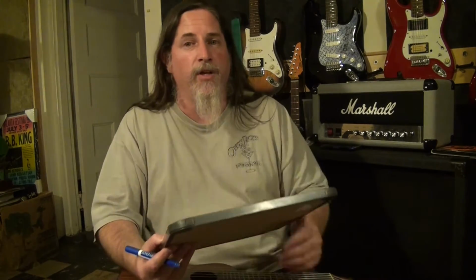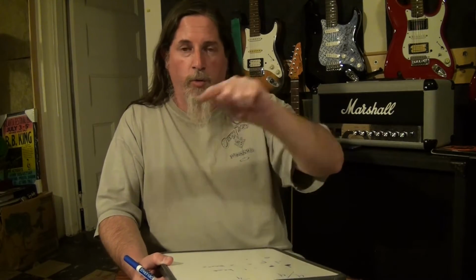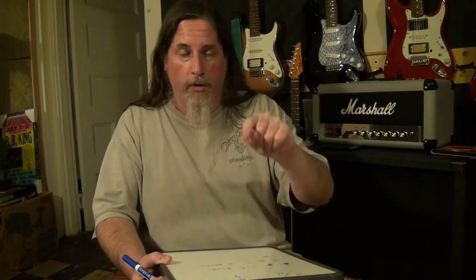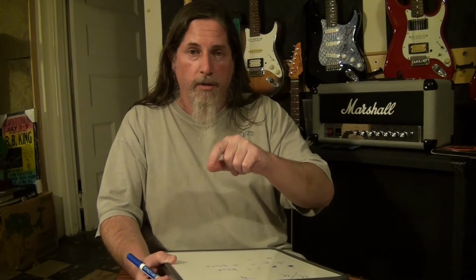Now, a whole note. If a half note is 2 beats, then 2 halves make up a whole. So 2 beats and 2 beats means a whole note is 4 beats.